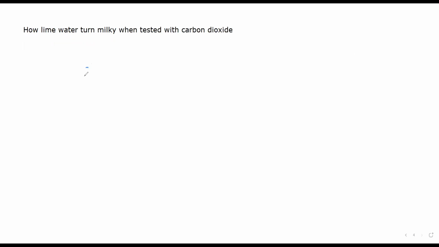So basically, what is lime water? Lime water is aqueous calcium hydroxide. When we bubble or pass carbon dioxide, what is the result? This results in the formation of calcium carbonate plus water.